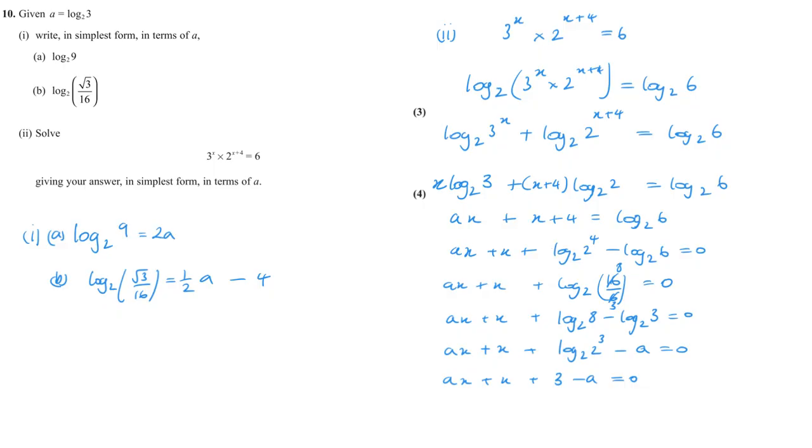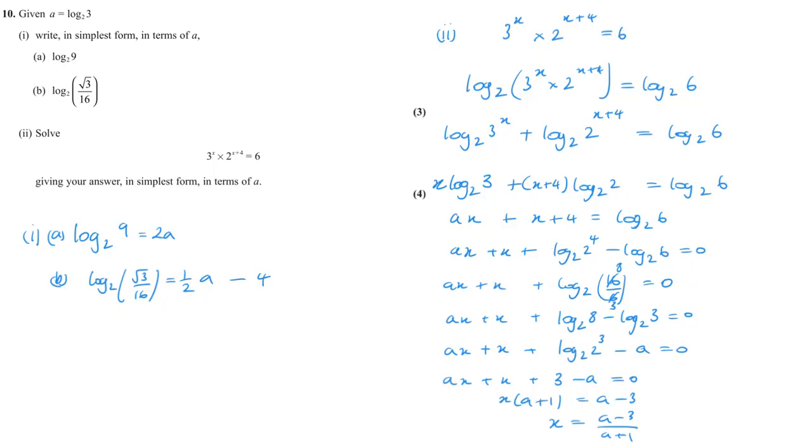So that is factorising out the x, a plus 1 equals a minus 3, taking that to the other side. So x equals a minus 3 over a plus 1. So I had to do a little bit of a pivot in between in doing this. Sometimes you'll have to do the same.